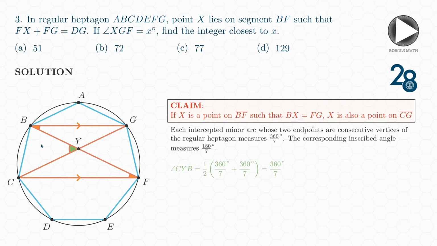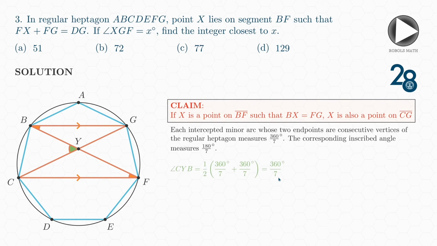This is one of the known theorems in intersecting chords, that the angle measure of this one should be half of the sum of the two intercepted arcs. So it's 360 degrees, 360 degrees over 7. Half of that sum should be equal to 360 degrees over 7.